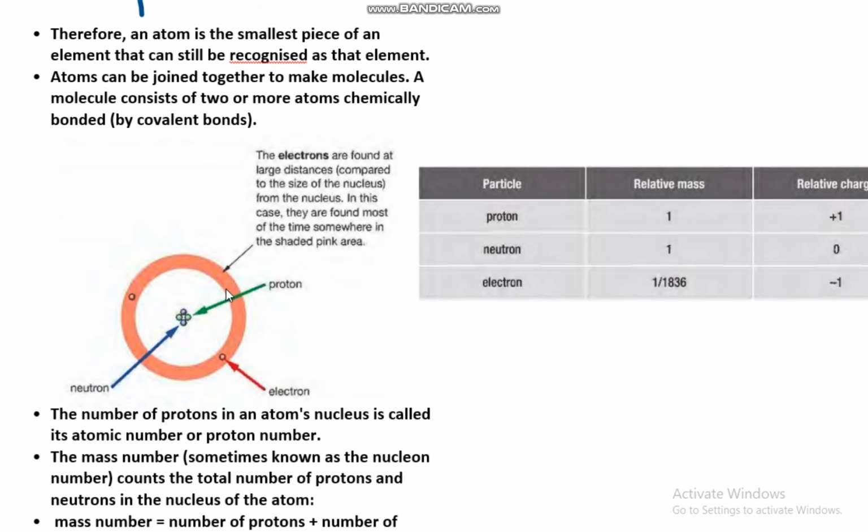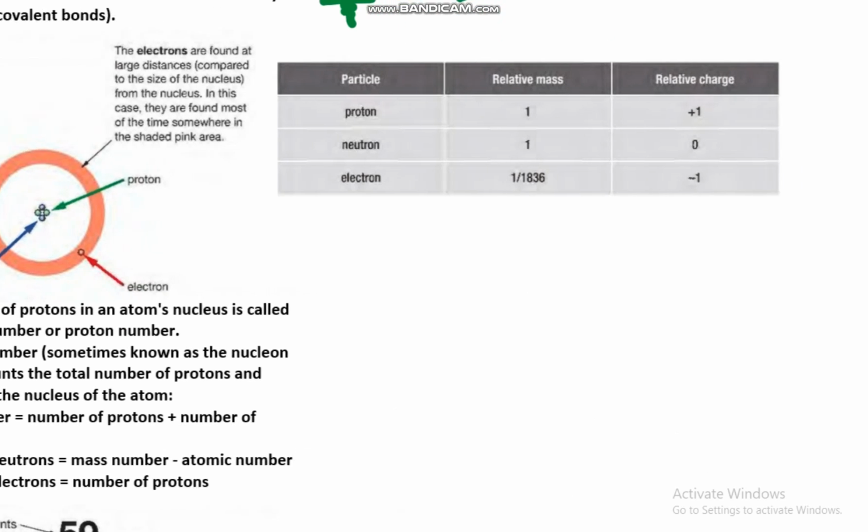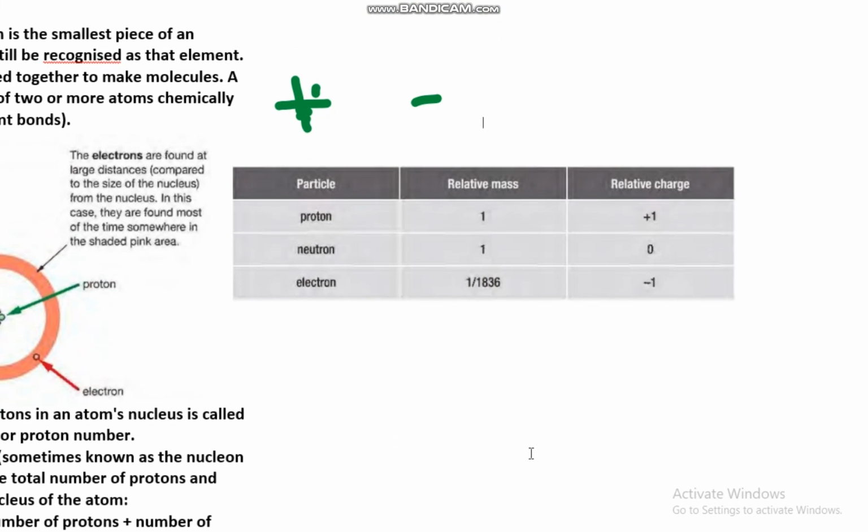Remember that a proton has a positive relative charge, and an electron has a negative one, as the table shows: protons have a relative charge of +1, and electrons have a relative charge of -1, which means they are negative.